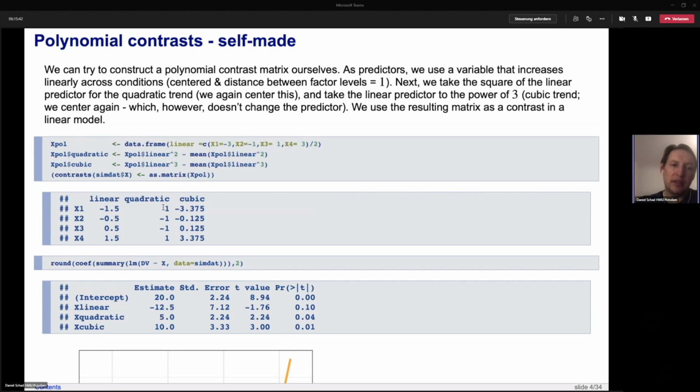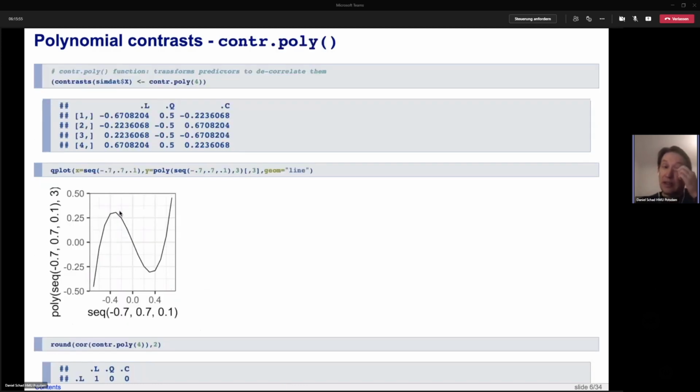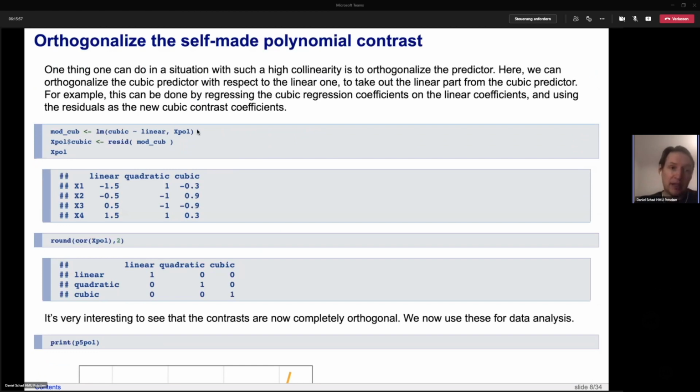So we have a linear effect, the quadratic effect. This is what we started out with. We can now make a regression of the cubic effect on the linear effect. This is what this model does. And what we can do now is take the residuals of this model and store this as the new cubic effect.